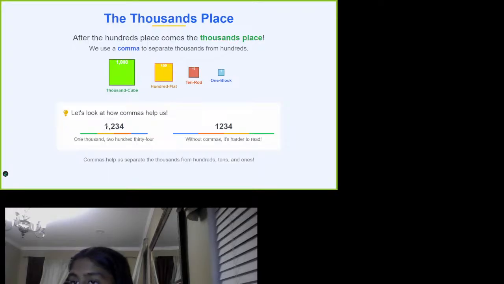For example, this is 1,234 with the comma, and without the comma, it is just like reading the numbers 1, 2, 3, 4, which is a lot harder to understand as a number.